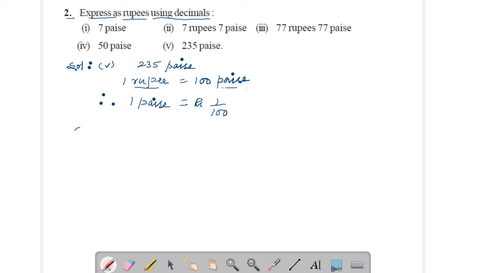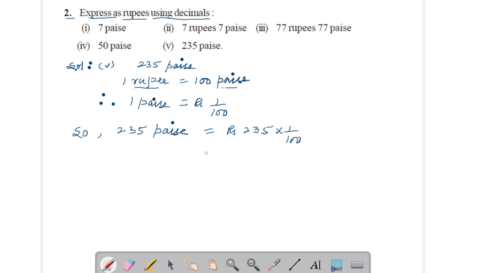So 235 paise can be written in rupees as rupees 235 multiplied by 1 upon 100.